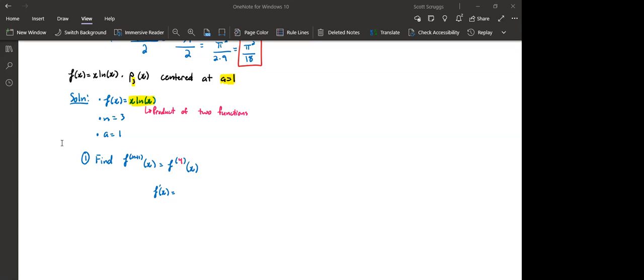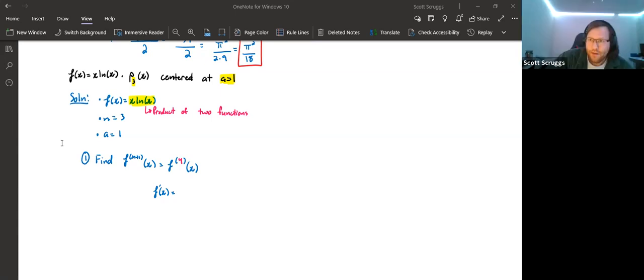So we have a product of 2 functions here, where my first function is x and my second function is natural log. So to get its derivative, I'll need to use the product rule. Product rule says derivative of the first function times the second function plus the first function times derivative of the second function.